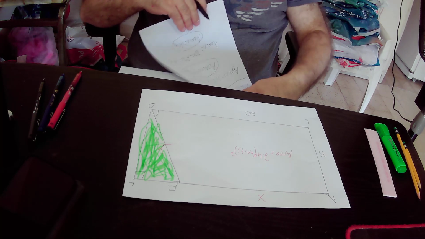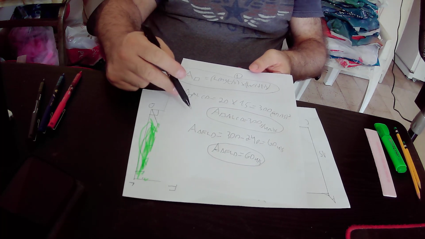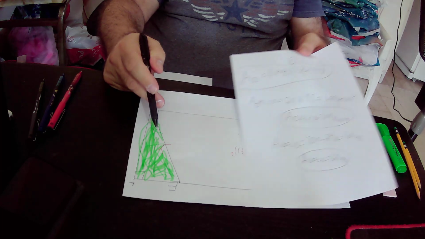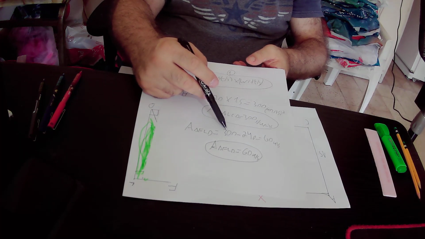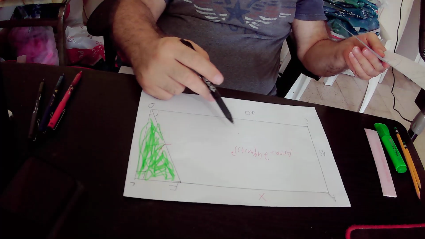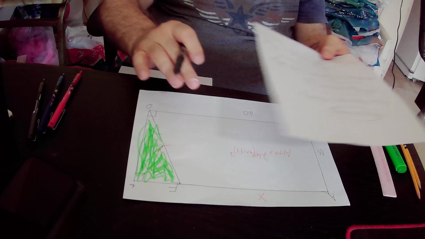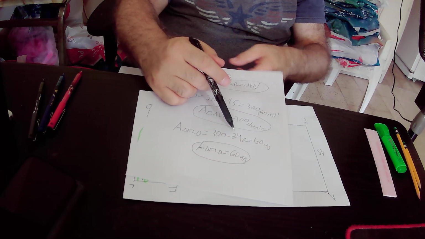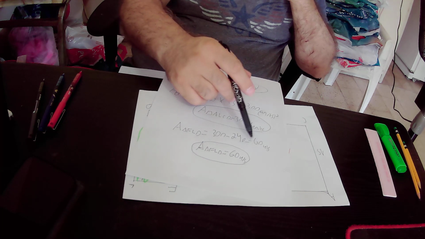Again, the area of the green right triangle equals 300 units squared minus the area of the white shape, 240 units squared. So 300 minus 240 equals 60 units squared.